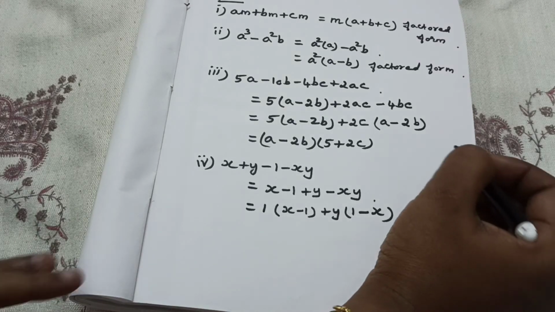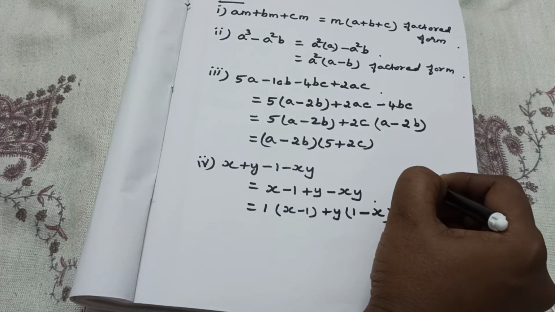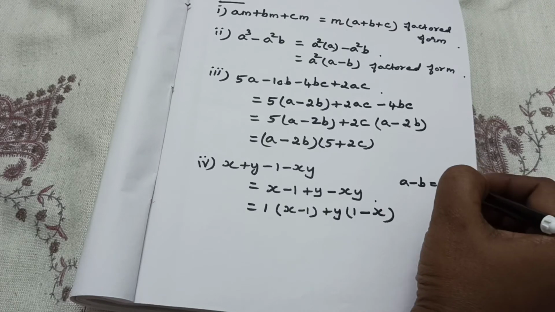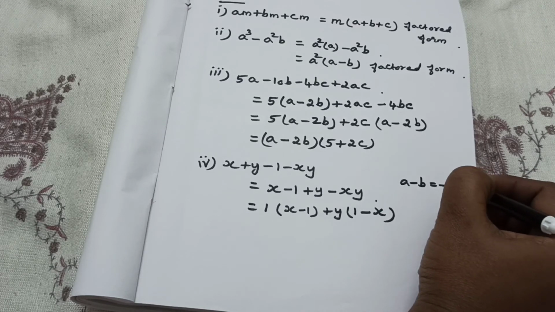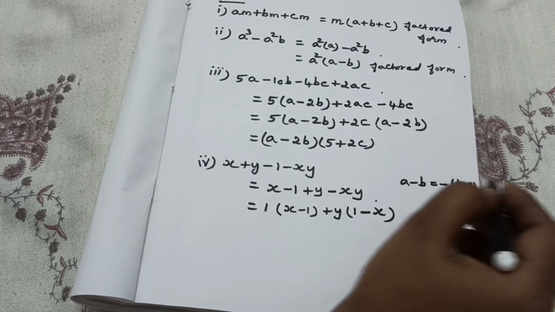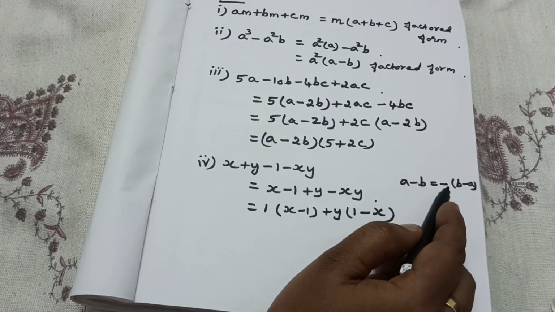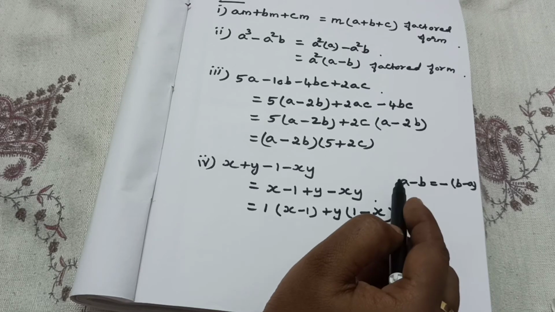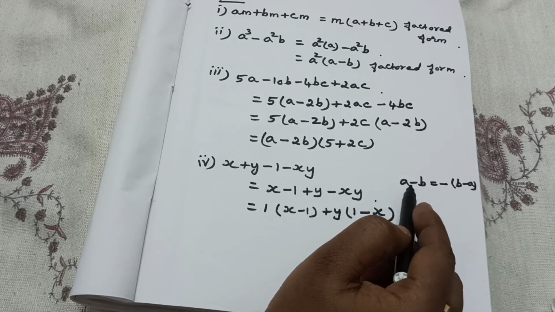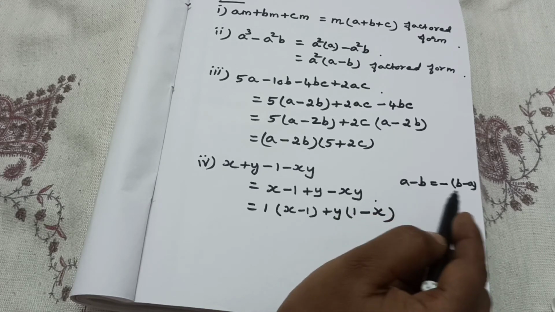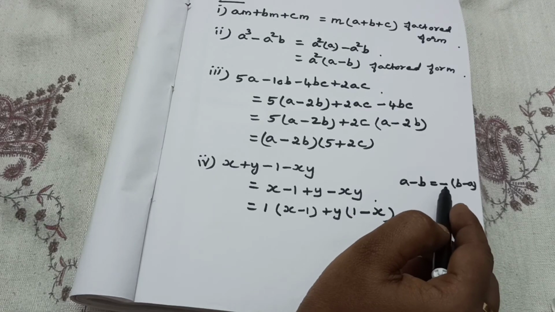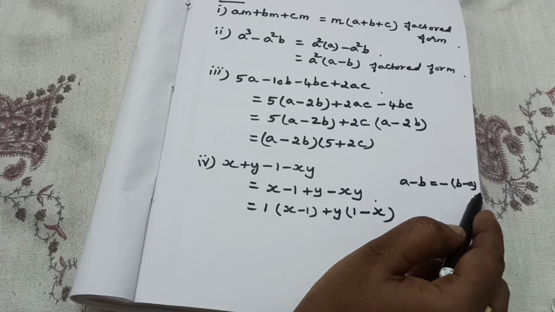Then how can we write? Suppose here a minus b is equal to minus into b minus a. Like this we can write. Minus b, this minus b. Minus into minus is plus a. Okay? This a minus b we can write as minus into b minus a.